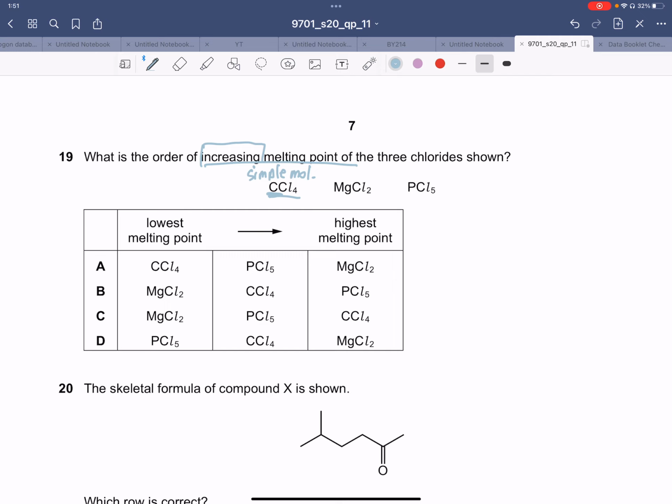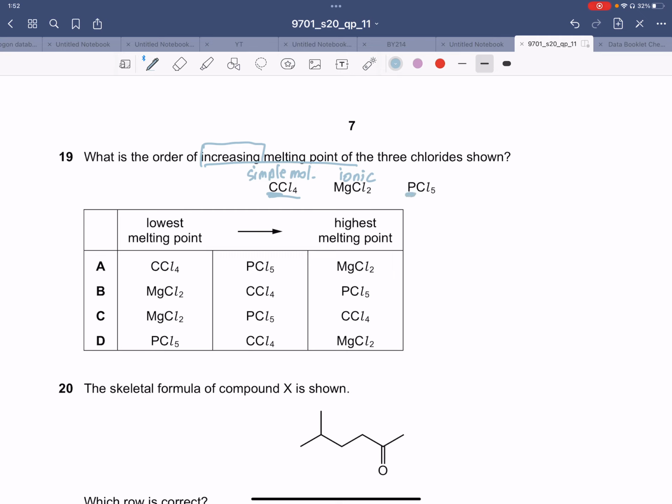MgCl2. Okay, this one, you guys should know immediately upon seeing that metal. Mg is a group 2 metal, and chlorine has a -1 charge, as you guys know. So this is actually going to form an ionic compound. And as we already know from the past questions, ionic compounds have a very, very high melting point. So I'm going to guess that this is probably high, especially since right here we see phosphorus.